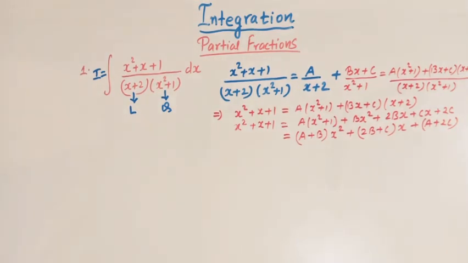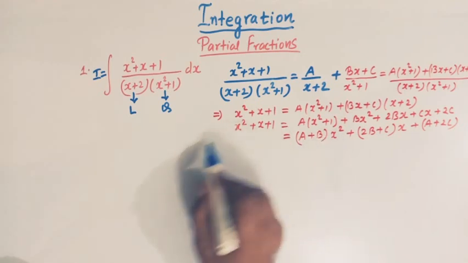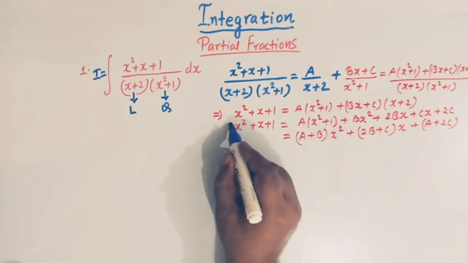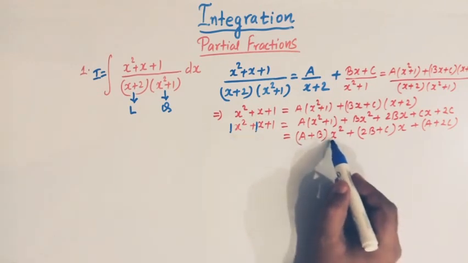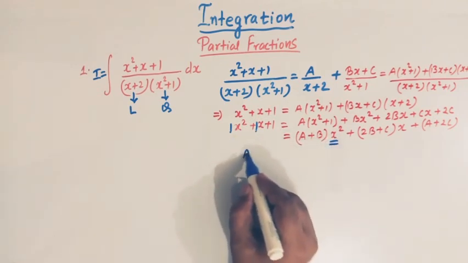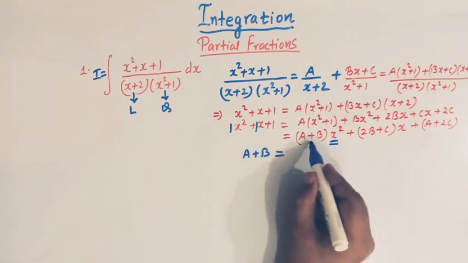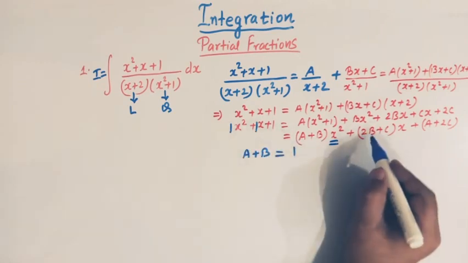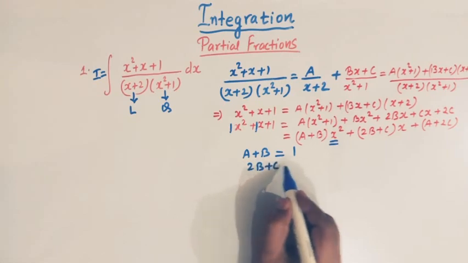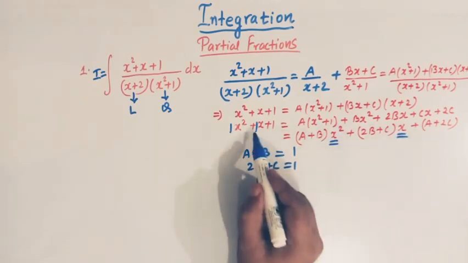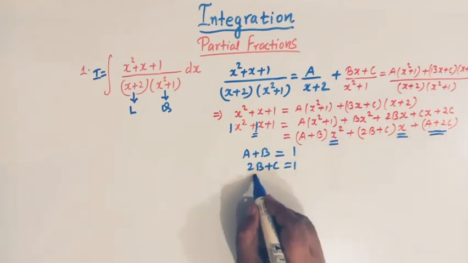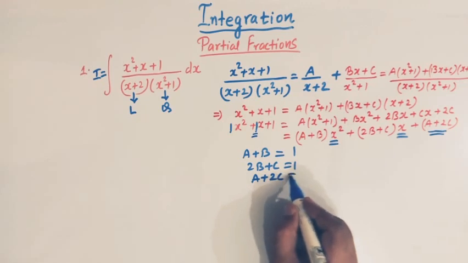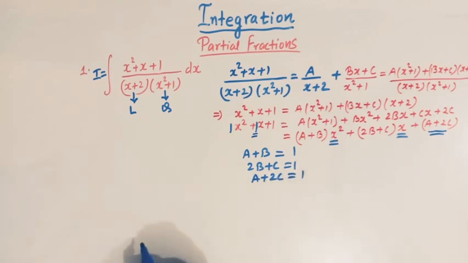Now we can equate the coefficients of both the sides. Here we have 1, here also we have 1, so the coefficient of x square is a plus b, and this a plus b is equal to 1, and 2b plus c is again equal to 1, and this is a constant term, so we have a plus 2c is equal to 1, right?